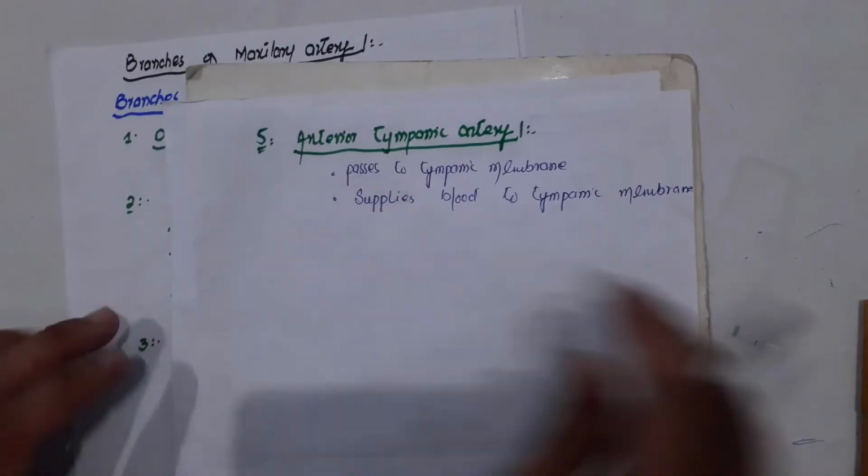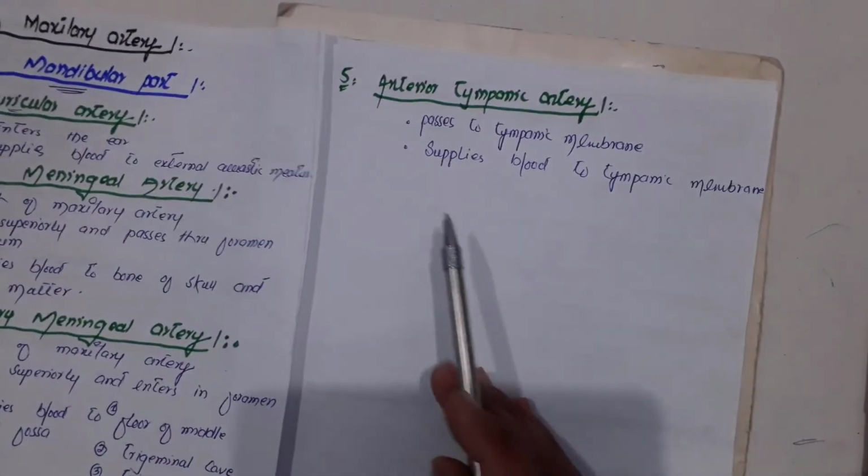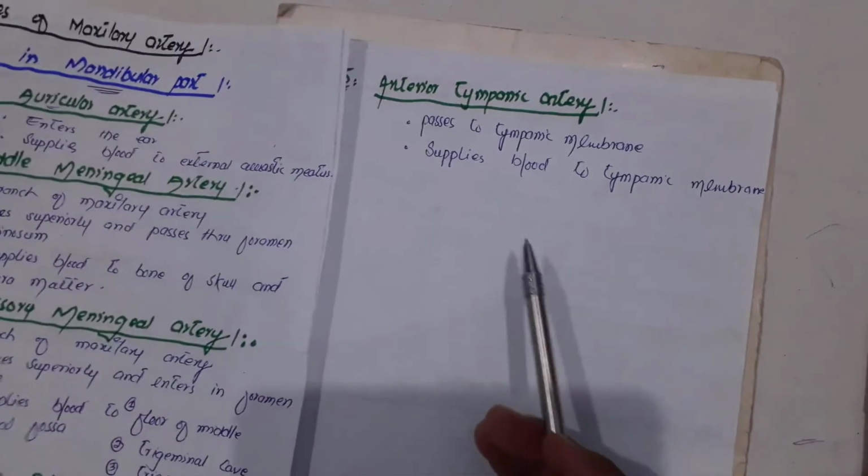Clear, friends? So these are the 5 branches which arise from this mandibular part of the maxillary artery, right, friends?